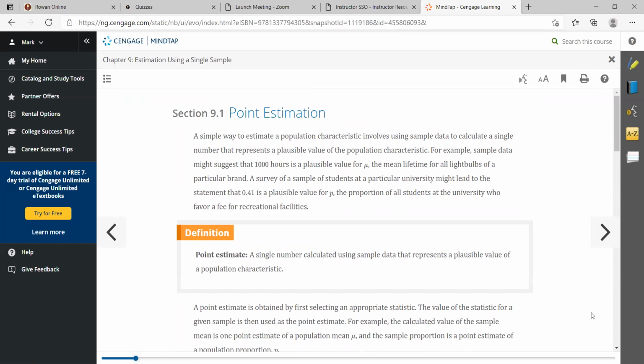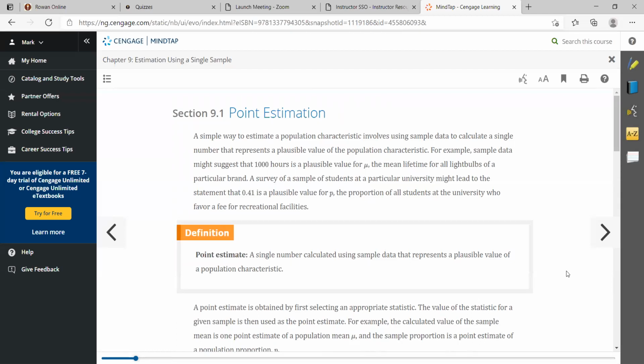Now, what is the problem with point estimates? The problem is that because there is sampling variability, if different members of this class took a random sample and came up with a sample mean or a sample proportion, you would all probably get different answers because you would have different people or things in that sample. And therefore, your point estimates would all be different.